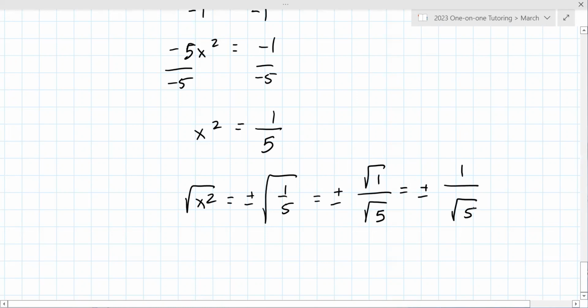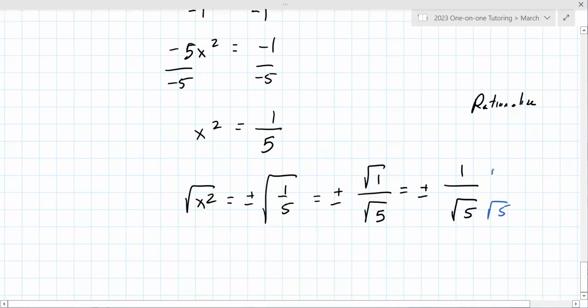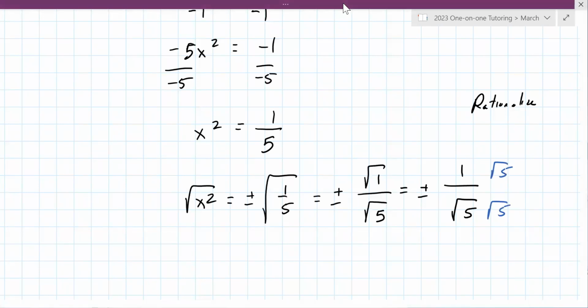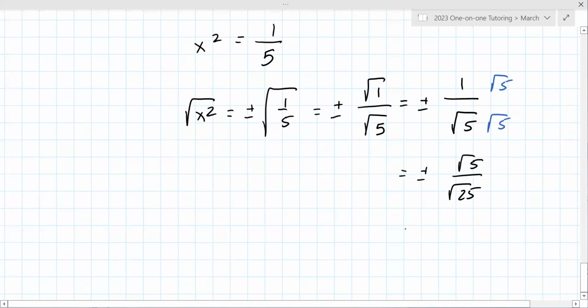It's not friendly. Do you remember how to rationalize? You multiply the top and bottom by the square root of 5. So it's plus or minus square root of 5 over square root of 25.